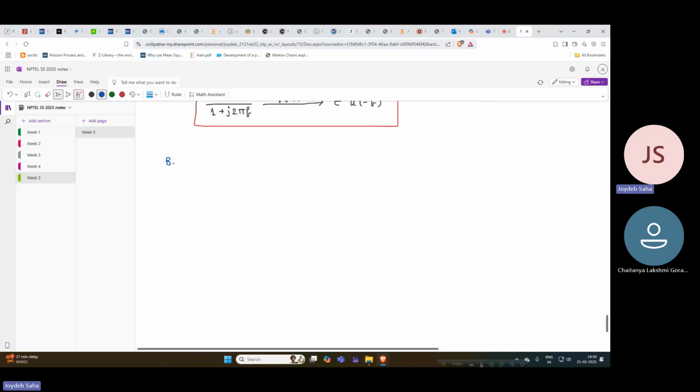Question 8. x(t) is given, it is a very interesting question. x(t) is equal to 1 for mod t less than 1 and 0 for mod t greater than 1, or rather we can write elsewhere.